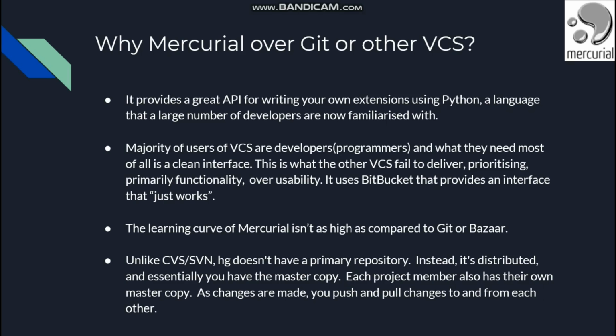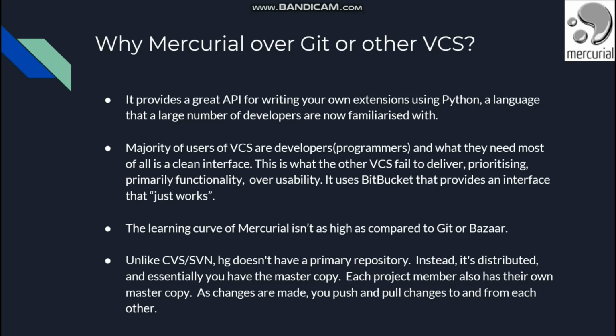This is what the other VCS fail to deliver, focusing primarily on functionality over usability. It uses Bitbucket, which provides an interface that just works. The learning curve of Mercurial is not as high as compared to Git or Bazaar.